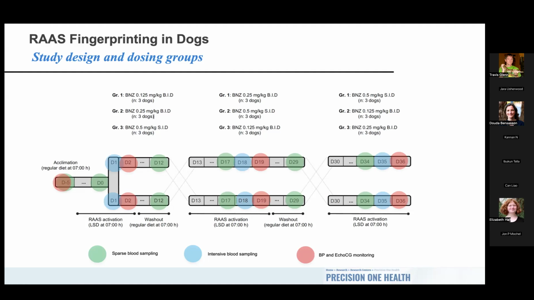What we did is we conducted a study in healthy dogs, and we had three groups receiving different doses of ACE inhibitors using a partial crossover design. We used doses from 0.1 to 5 mg per kg twice a day, 2.5 mg per kg once a day, as well in those dogs. And then we sampled them over time for looking at those biomarkers and the concentration of the ACE inhibitor in the blood of these dogs.